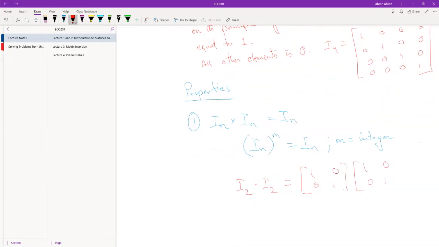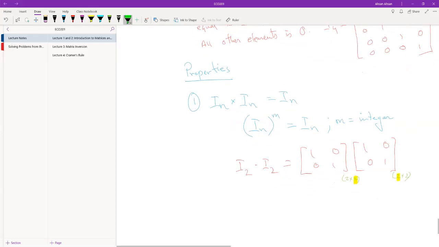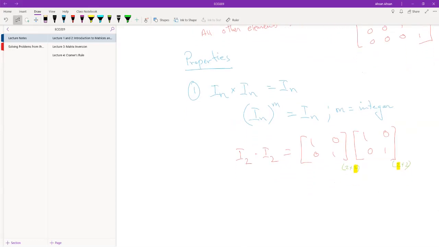Remember, whenever we're trying to do matrix multiplication, the first thing to do is take a look at the dimensions and make sure that they conform. These two are the same, so they do conform. What will be the dimension of the resulting matrix? 2 by 2.